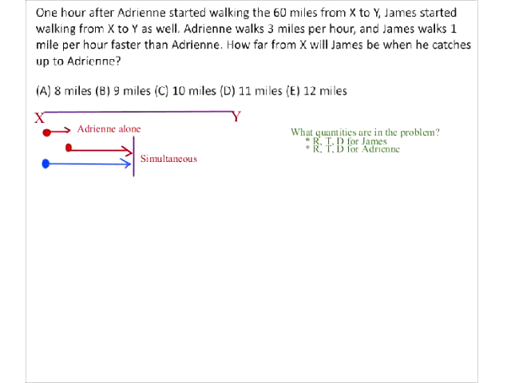So you can make a table. So let's do that. Rate, time, distance. Then James, then Adrian. And I mean, if you even need the table, which we'll talk about in a second, but you should make it.